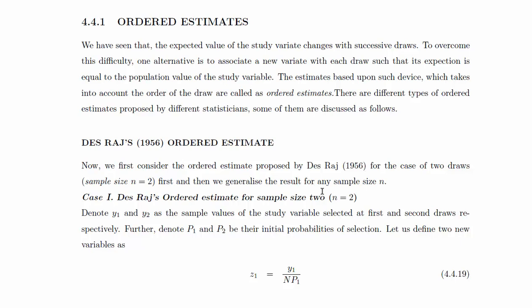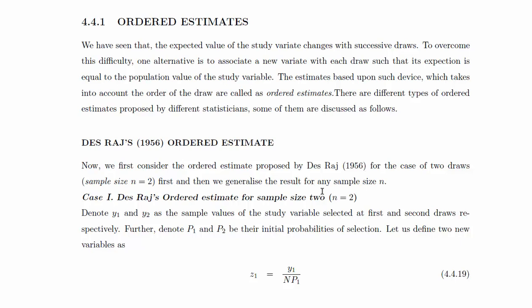So there are some estimates which are based upon the ordering of the selection of the units. The estimates are called the ordered estimates. And there are some other kinds of estimates that we can develop.